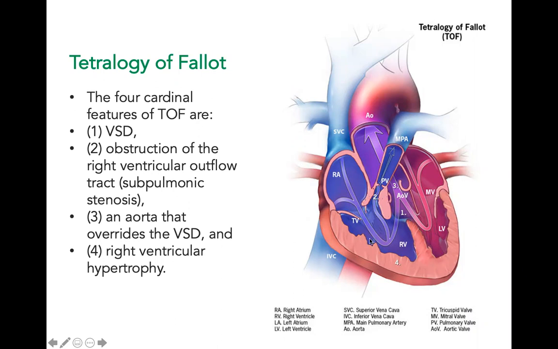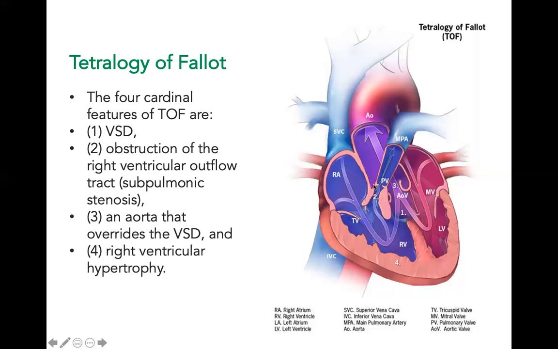So, ang mangyayari, ito na yung number 4. Magkakaroon siya ng right ventricular hypertrophy. So, sobrang kapal na yung right ventricle in the sense that mas mataas na yung pressure niya compared to your left ventricle. So, that's why magiging right to left shunt siya kasi makapal na yung right ventricle, mataas na yung pressure dito. And also, there is an aorta that overrides the VSD.